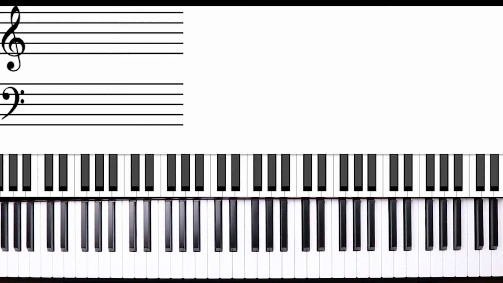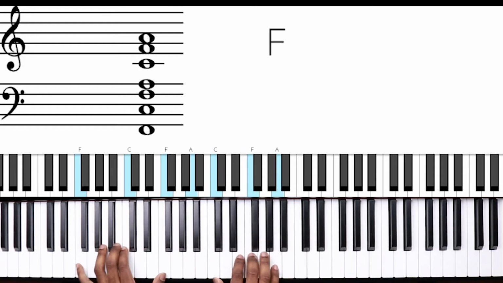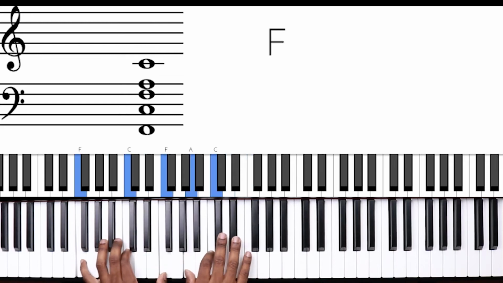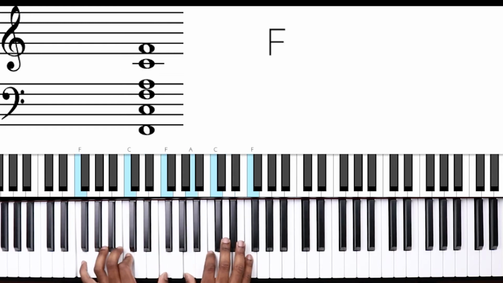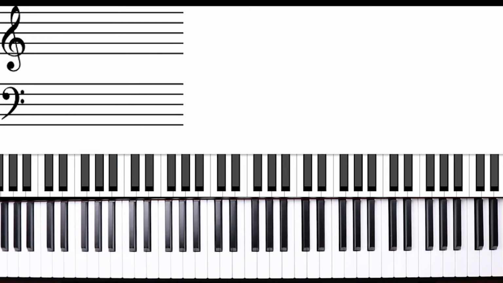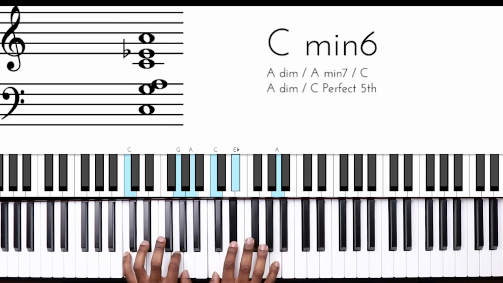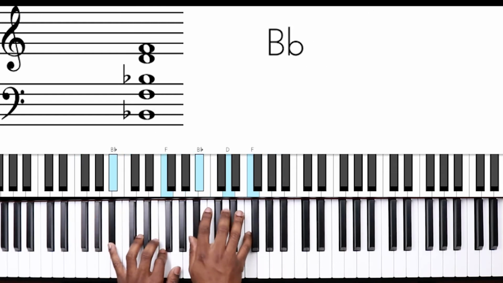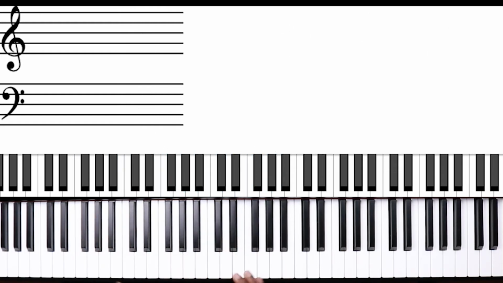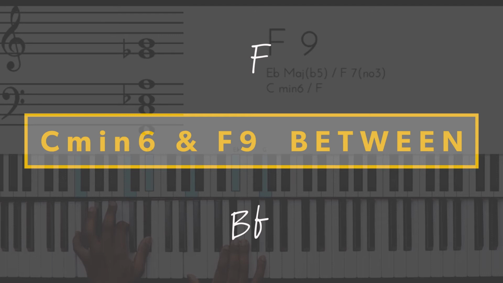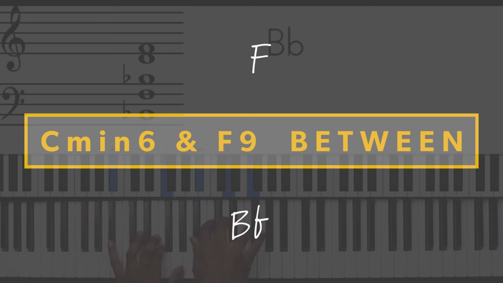So for example, in Amazing Grace, Amazing Grace, how sweet the sound. I played an F to a B flat. But if I played this, Amazing Grace, how sweet the sound. Those two chords that I played were a C minor 6 to F9 to B flat.